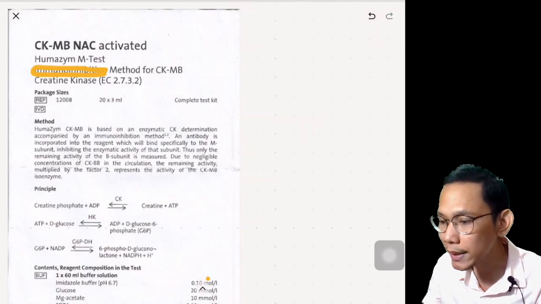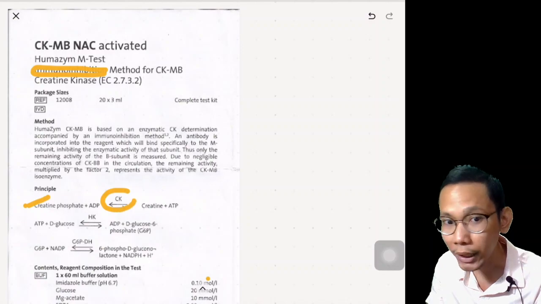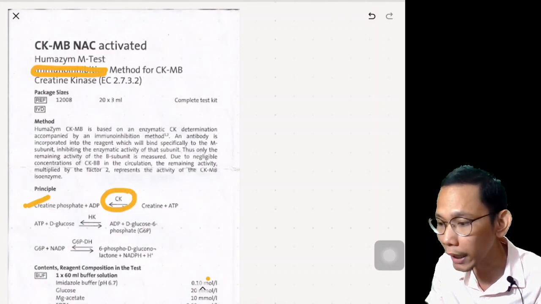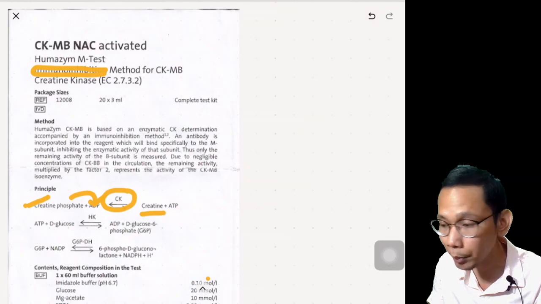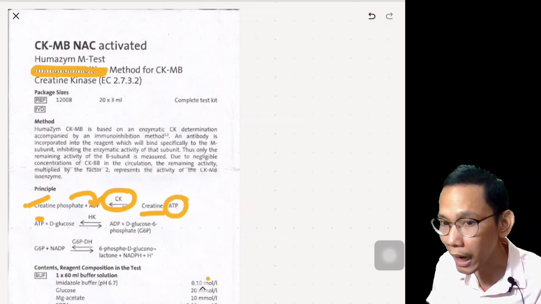So ito yung mga principles na discuss natin. We have your creatine phosphate by the action of your CK. Anong nangyayari? You add phosphate to your ADP, nagiging creatine plus ATP. Ang ATP, add ng glucose with the action of your hexokinase.